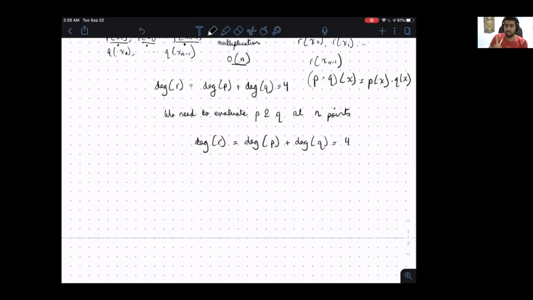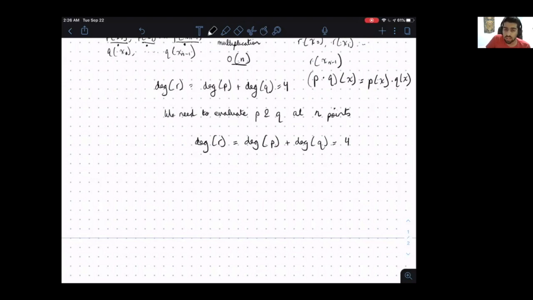But be careful, because we know that the degree of R is going to be 4, but we need at least 5 points, which is, again, n plus 1, or 1 more than the degree, in order to uniquely identify or uniquely reconstruct the polynomial. So we need at least 5 points.